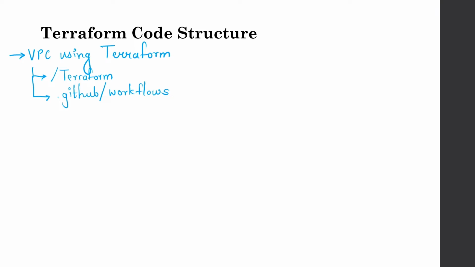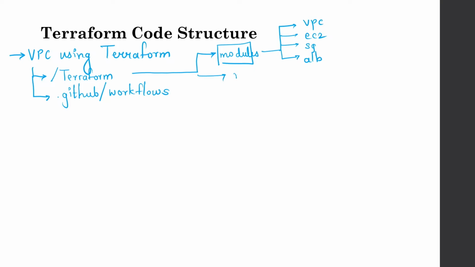These two will be my primary folders. Within the Terraform folder I will have a folder named modules. Within the modules, we are going to have our four modules available: VPC, EC2, SG, as well as ALB. Further, we'll have our main.tf file. Then we'll have all the other things like variables.tf.